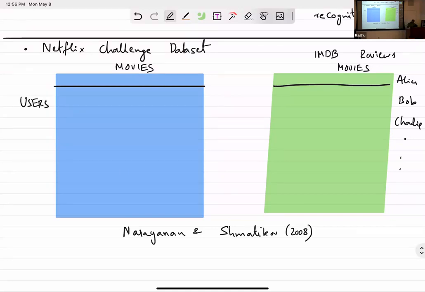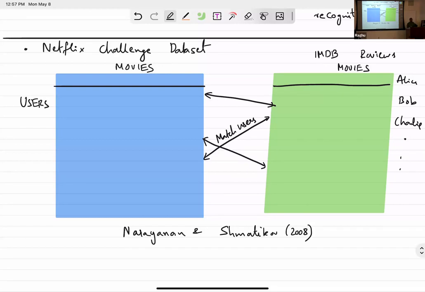They could match, like, okay, this anonymized row corresponds to Charlie. Kind of makes sense, right? If there are 10 movies, two people are unlikely to have the exact same rating. They might be similar, but no one's going to say, okay, this is 4, this is 3, this is 3.5, and so on, right? And they use some metrics and some nice tricks around that to do this matching.